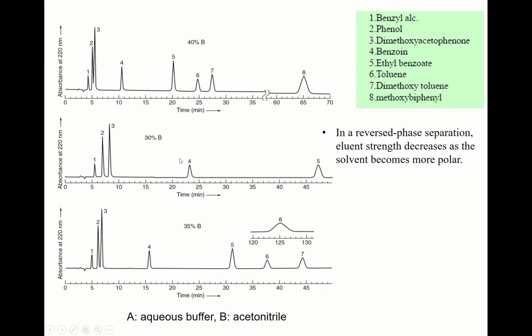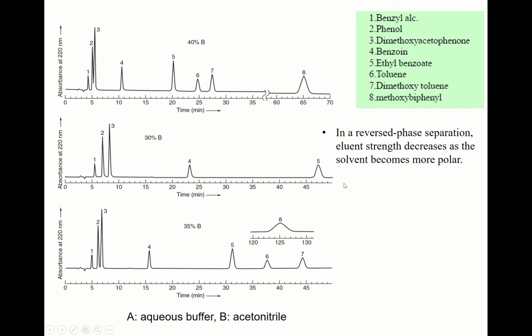Well, compounds 1, 2, 3 are well separated, and 4 and 5 are also well separated. Compounds 6, 7, and 8 are separated, but the retention time is quite long, right? So this case cannot be acceptable.